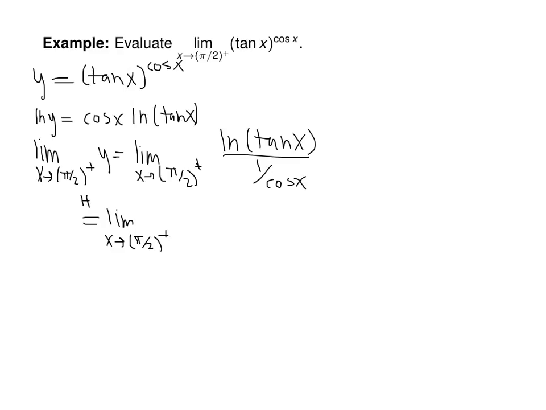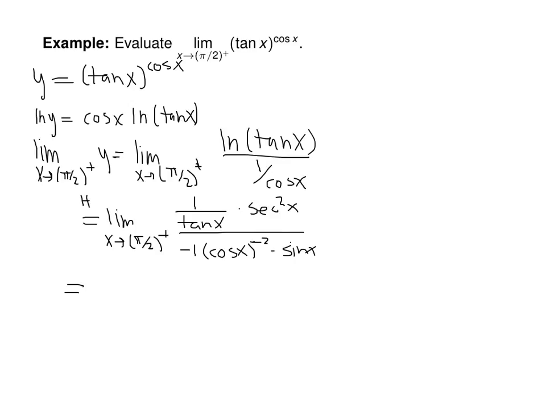from the right. The derivative of ln of tan x is 1 over tan x times secant squared x. And the derivative of 1 over cosine x is negative 1 cosine of x to the negative second times sine x.